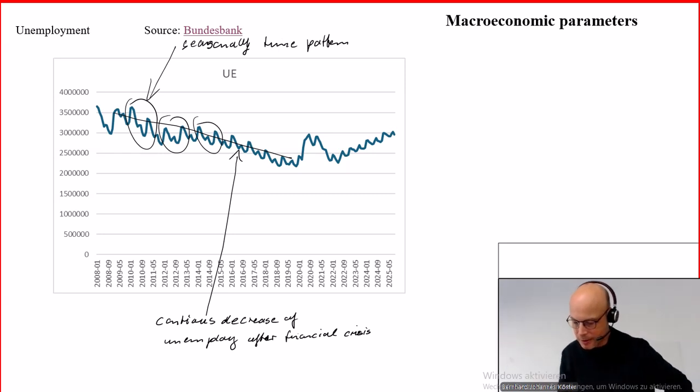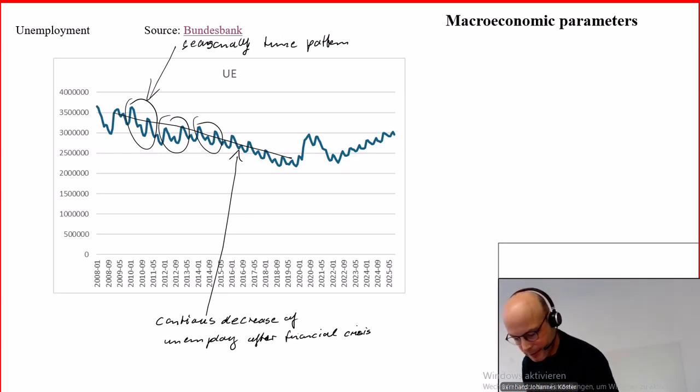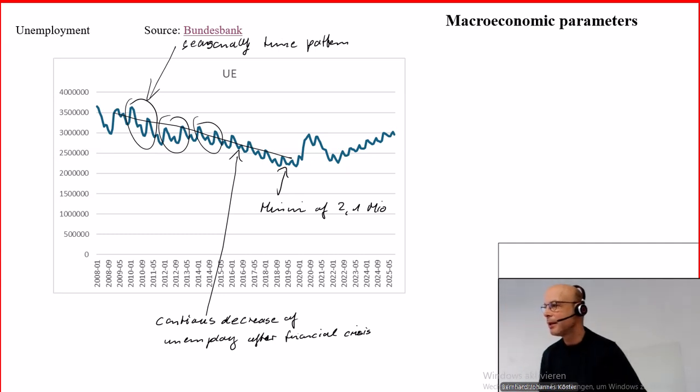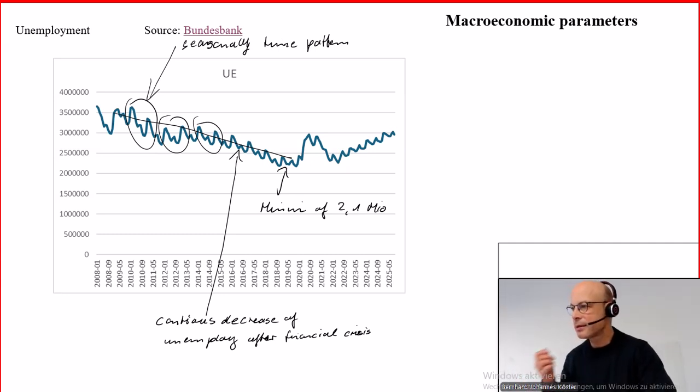So, and actually here, there you had this minimum of 2.1 million people, and this has corresponded to an unemployment rate lower than 5%. It was roughly, I think, 4.3 or something like this.